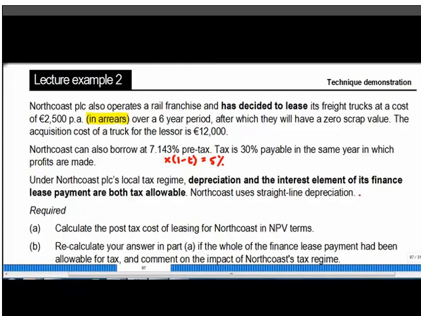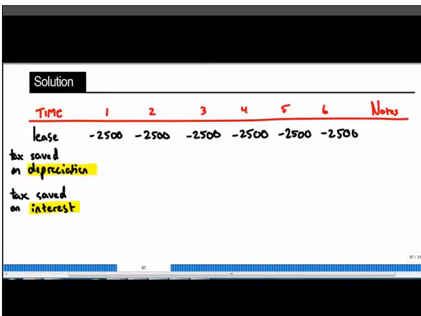We're then told the tax treatment of the finance lease. That makes it different from the lecture examples that we've looked at so far. And we'll work through Part A together, working out the post-tax cost of leasing on these new tax rules.